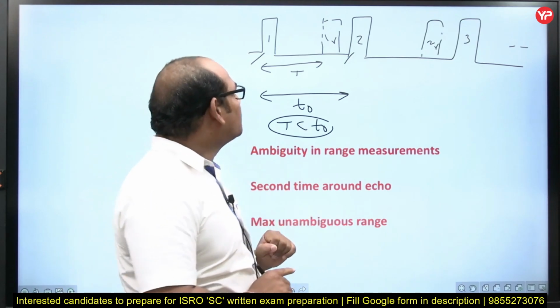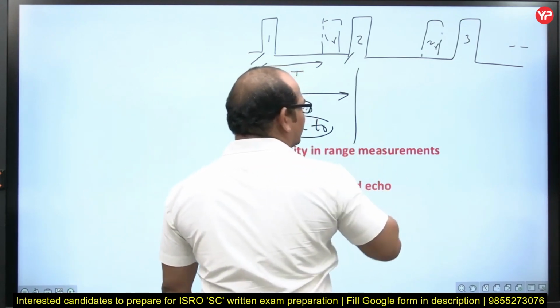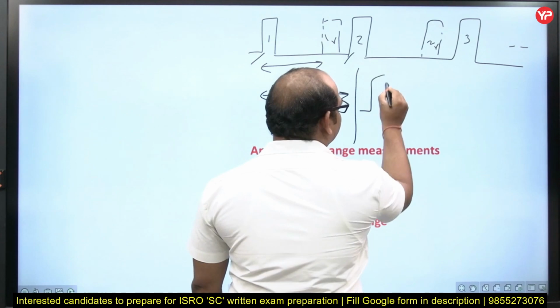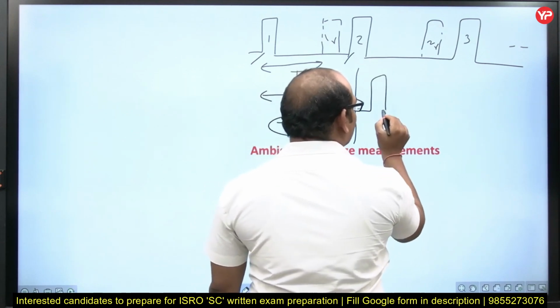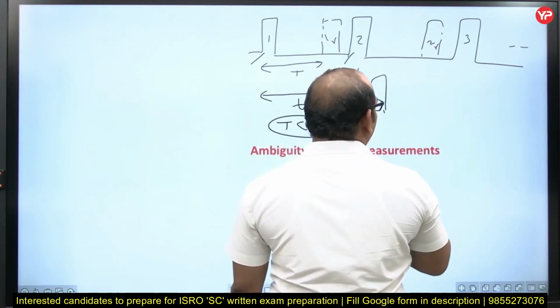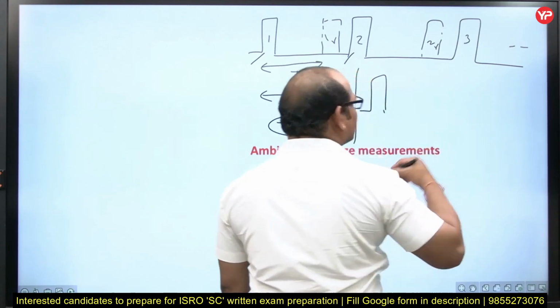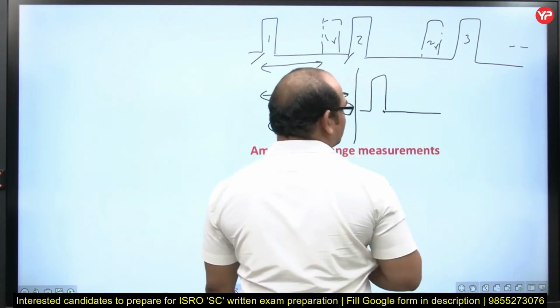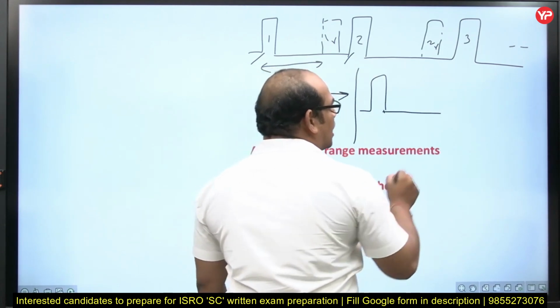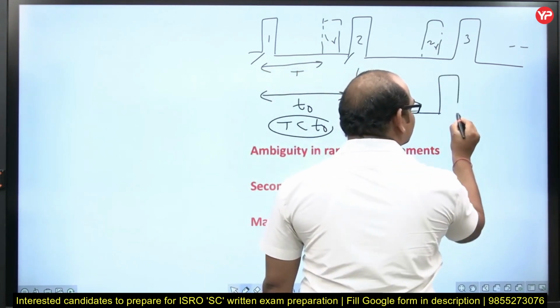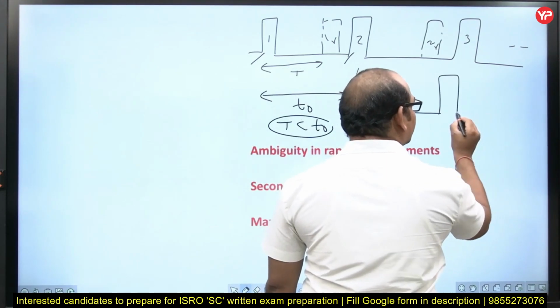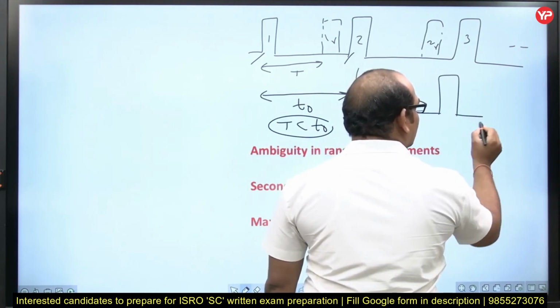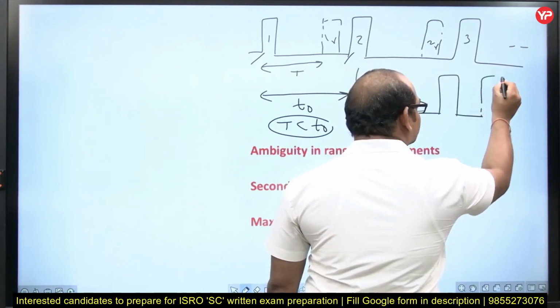For example, now you see, this is the first pulse we have generated and transmitted. It may be received by the target. We are waiting for this reflection, but it did not come. Now the second pulse is also generated and transmitted, and now we got the reflection.